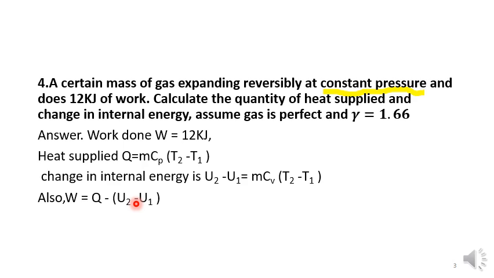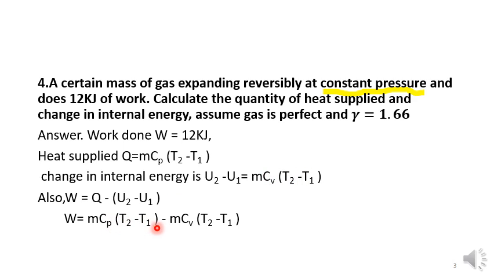So substitute the Q value and the U2 minus U1 value in this equation. What is the Q value? Q is mCp(T2 minus T1), and U2 minus U1 is mCv(T2 minus T1).